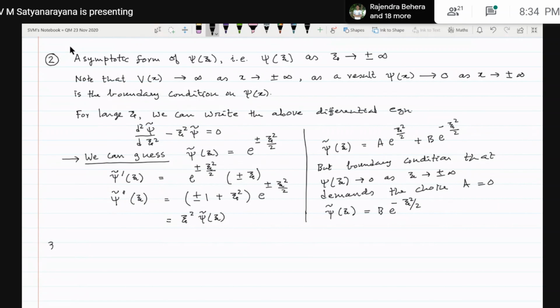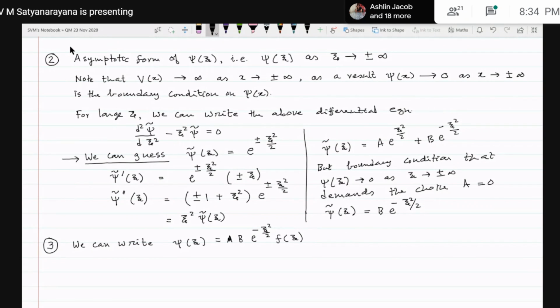Now, in the third step, we write psi of xi, the solution of the Schrodinger equation in the dimensionless variables, as some constant, let's call it b, into e to the minus xi square by 2 into some function of xi.